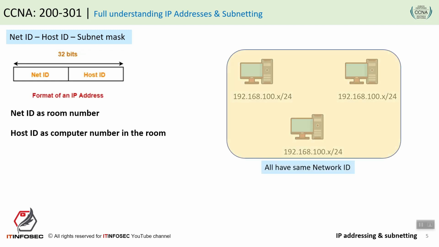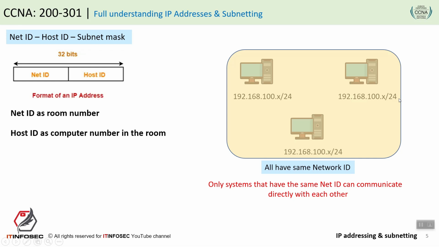Look at this example, please. These are 3 computers addressed in class C. In class C, we have 3 octets as net ID. 192.168.100 is the net ID in this example. All have the same network ID.